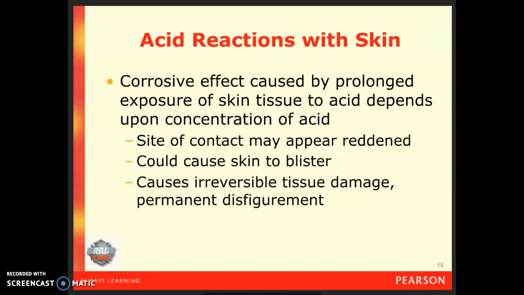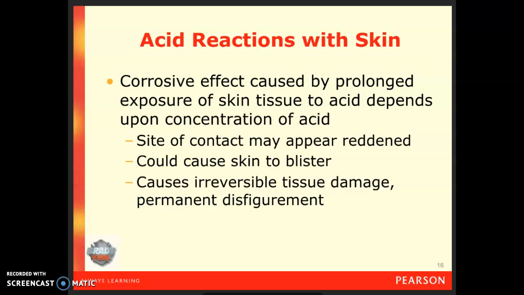When they react with your skin, depending upon the concentration and the exposure time, you can see a number of different things happening. The first thing, and you've probably all experienced this in some kind of way, is a chemical burn, where the site of contact just appears to be a little bit red, maybe a little bit itchy.